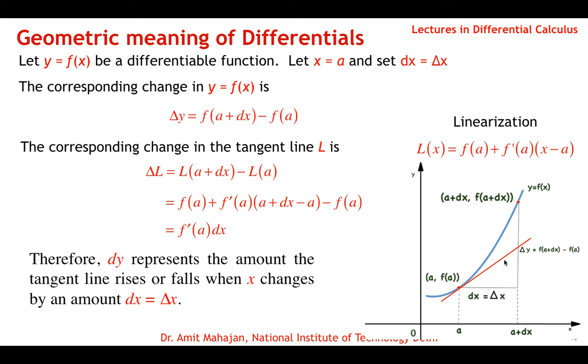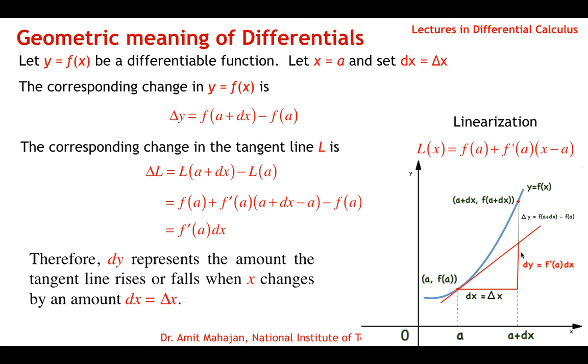So dy represents the amount the tangent line rises or falls when x changes by an amount of delta x or dx. So when there is a change of x by an amount of dx, then how much change in the tangent line occurs. So this height is our dy, which is f dash a dx.